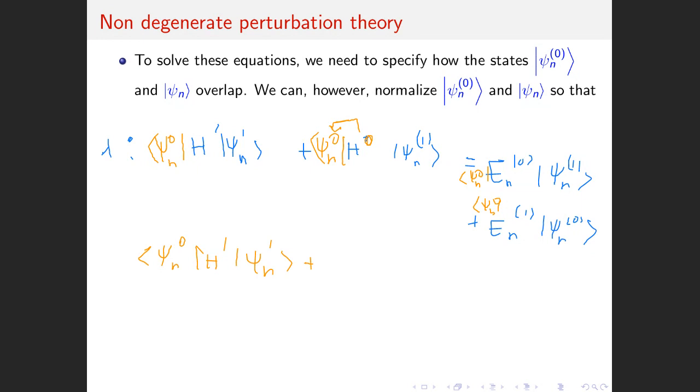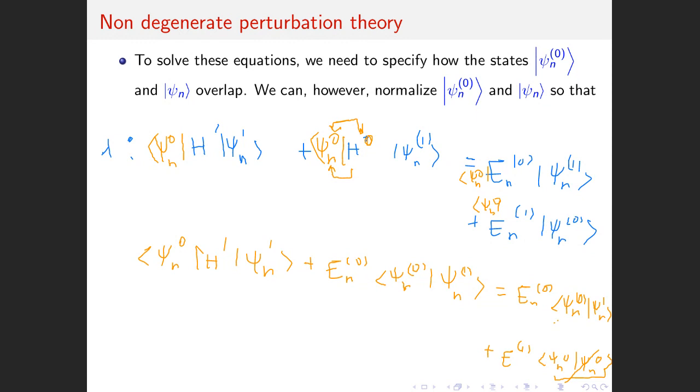Plus, as I was saying, H0 when it acts there will just give you an En0, and you can take it out because it's just a C number, so you get En0⟨ψn0|ψn1⟩ equals En0⟨ψn0|ψn1⟩ plus En1⟨ψn0|ψn0⟩. The original wave functions are normalized, so this is 1.